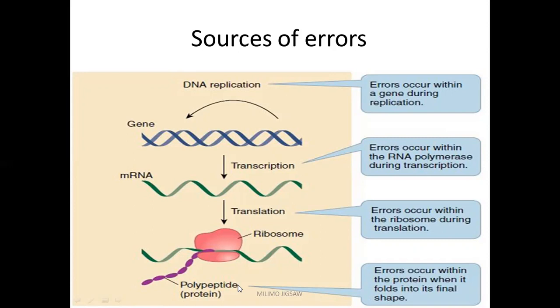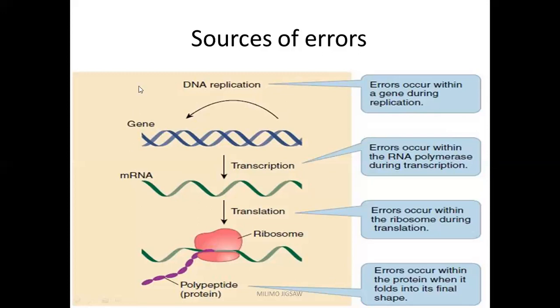It means that any error which occurs within these sources can lead to a non-functional polypeptide. Any error that can occur along this chain can lead to a non-functional protein or an error in the functioning of a protein.